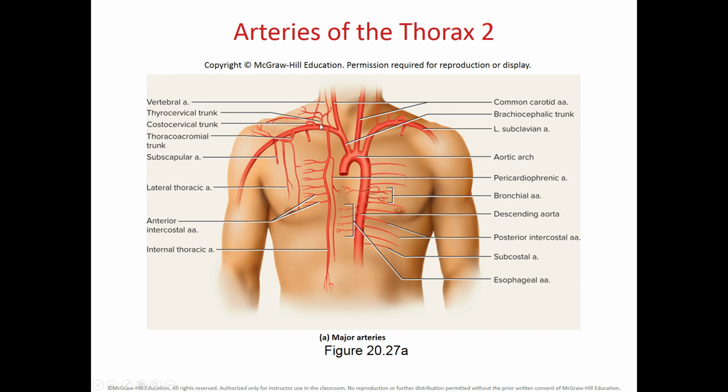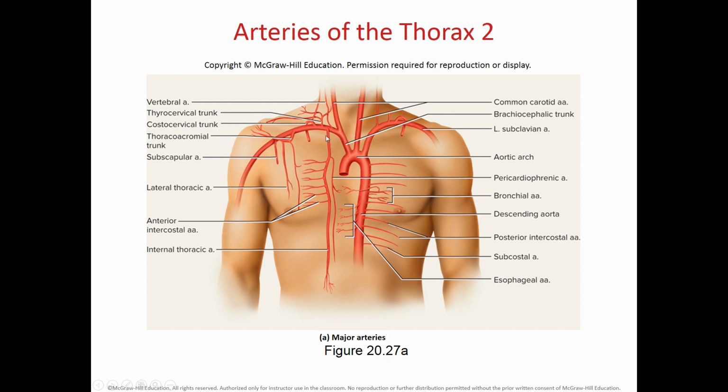Now that we are here, you can see the subclavian on the right side is a branch of this brachiocephalic trunk that comes from the aortic arch. And the left subclavian is a direct branch of the aortic arch. And then in here we have the left common carotid and the right common carotid.